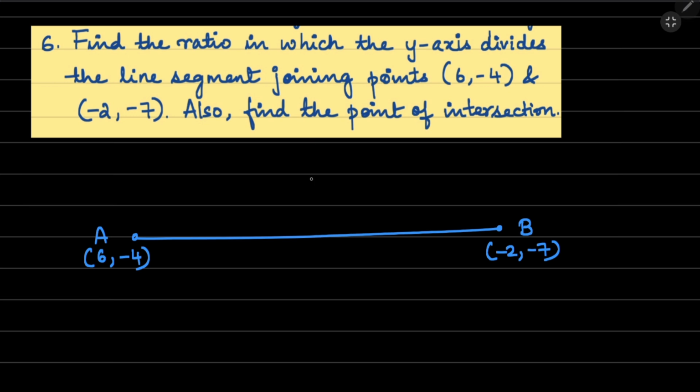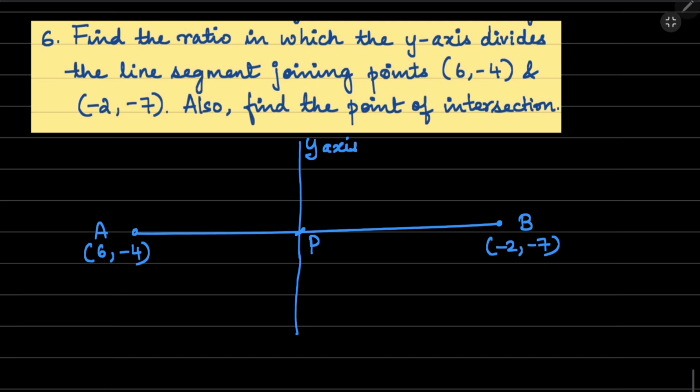Okay, you have to find the ratio in which the y-axis divides the line segment. So let this be the point of intersection, point P. If P is a point on the y-axis, the x coordinate will be 0 because the point lies on the y-axis, and some y.